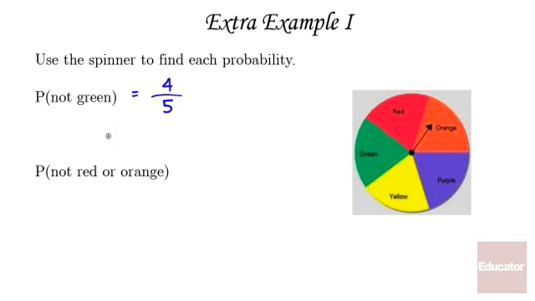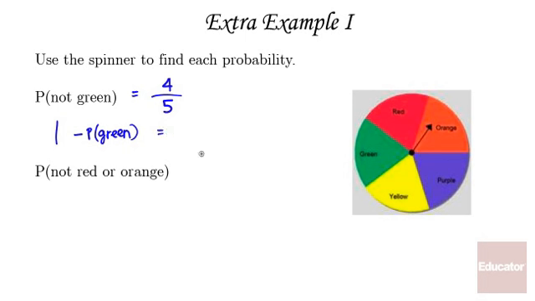Now, the way we did it before, on the previous slide, it's like finding the probability of actually having green and subtracting that from 1. So we can find the probability of green, subtract it from 1, and we're still going to get the same answer. So here, probability of picking a green, that's 1 green out of 5, right?